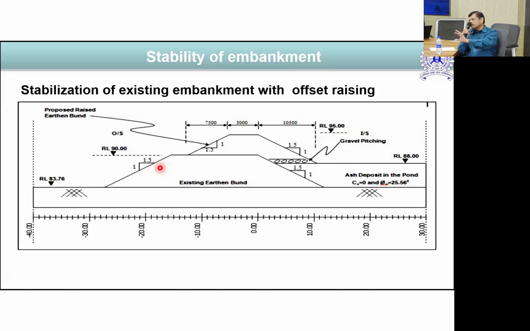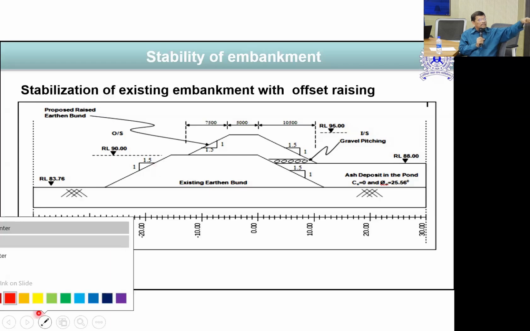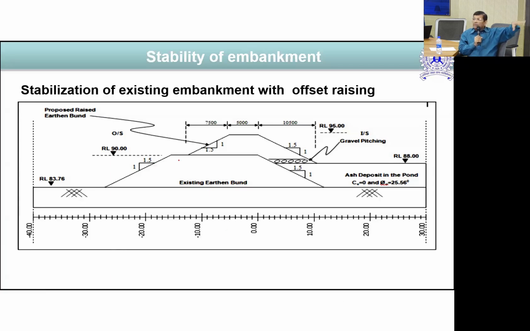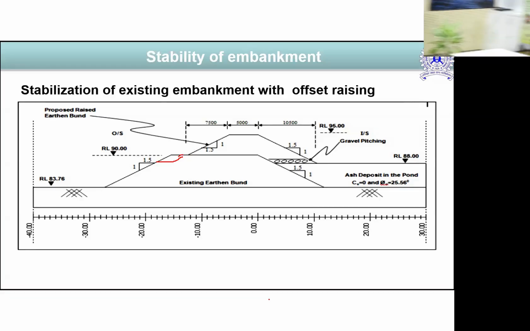There will always be some very small failure. Like along the toe, there was also a small slope. Suppose it fails like this. In design they are not considering that. Suppose the computer gives this as a failure, that time it is a local failure. It's not a problem. But if it is here itself, there may be a matter of concern.